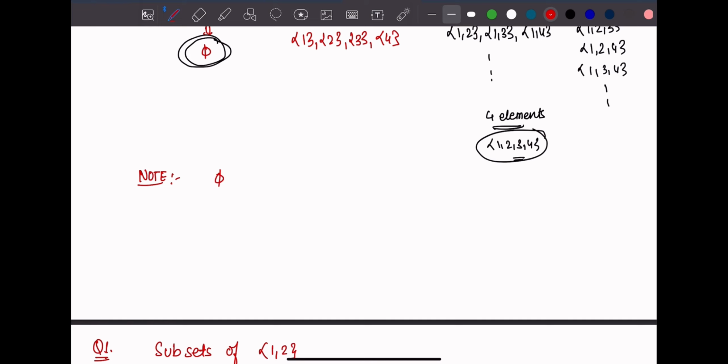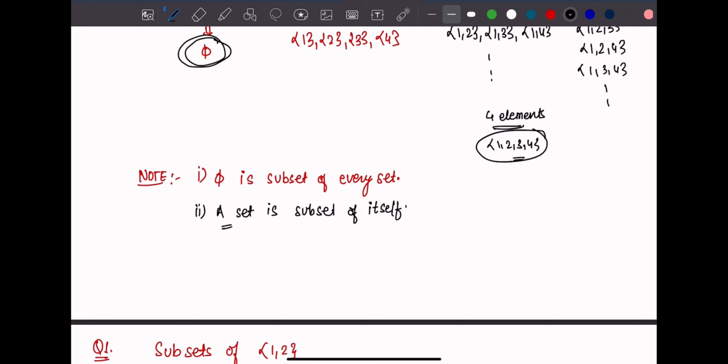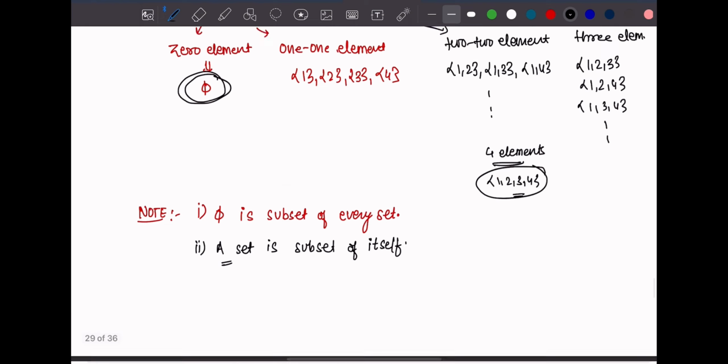The first point is that φ is a subset of every set. And the second point is that a set is a subset of itself.